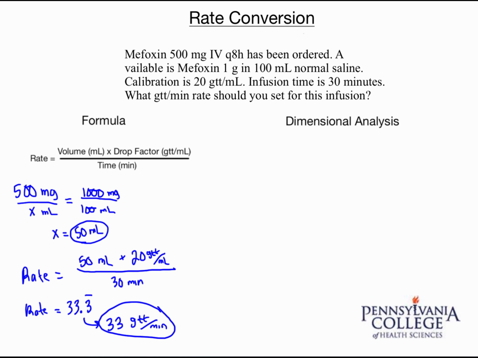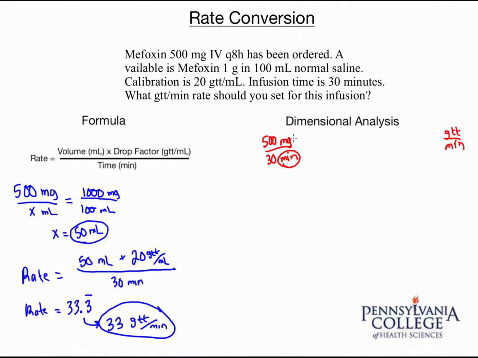In the dimensional analysis approach, we know in this example 500 milligrams needs to be infused over 30 minutes. I need to somehow convert. When I am done with my dimensional analysis, I'm going to need drops in the numerator and minutes in the denominator. I already have a unit of minutes in the denominator.